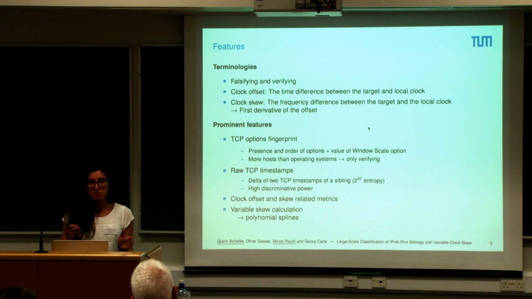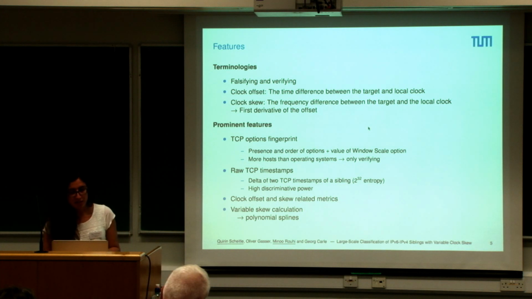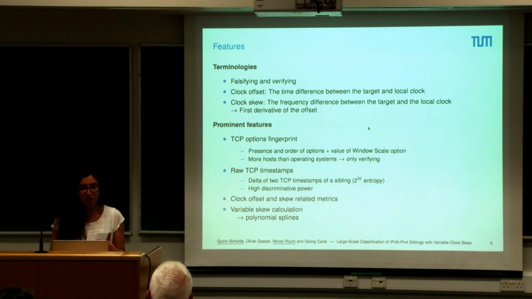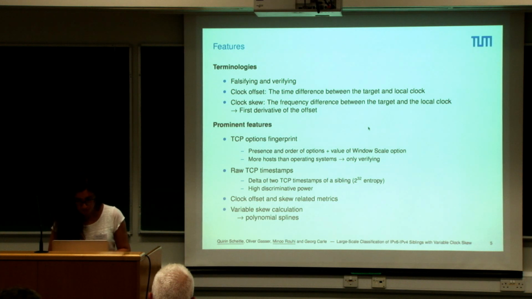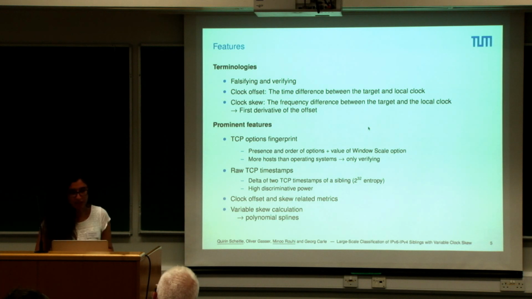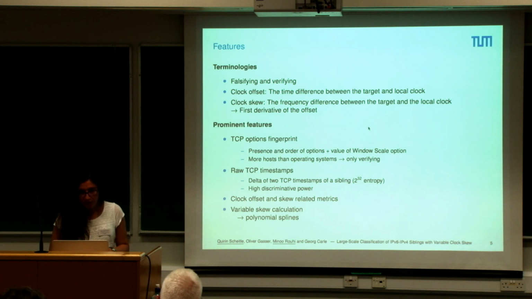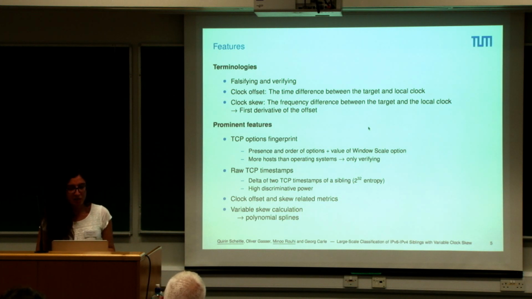For a sibling, we expect the difference to lie within a very close range, because they are expected to be generated from the same host. This is a strong indicator with very high discriminative power in terms of verifying siblings.